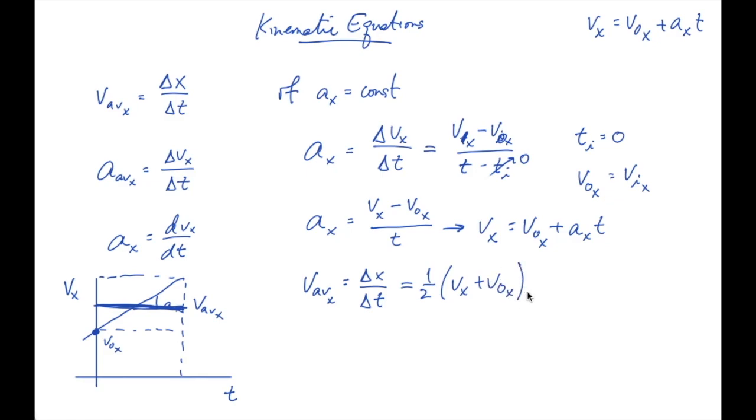All right. Now, I'm going to make the same changes here that I made just above. This delta t is going to become t final minus t initial, which I'm going to write just as the time t. T initial is 0, and t final just becomes t.